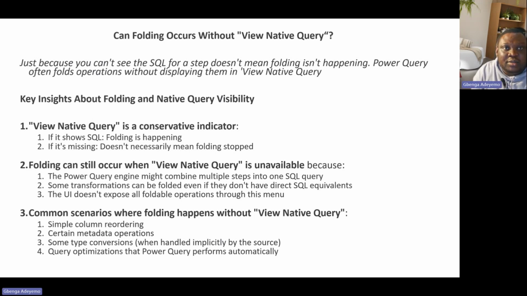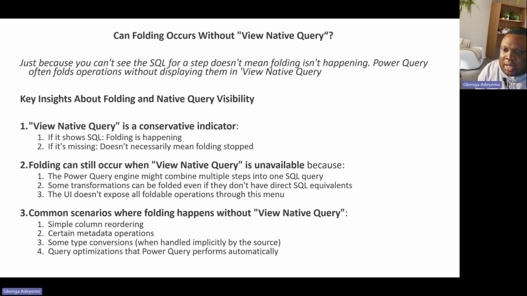The third one is that sometimes when you right click and you don't see view native query active, the user interface does not expose all the foldable operations. It's not everything that is foldable that the user interface will show. So that does not mean that query folding is not happening in the background. So don't get confused when you right click on a particular applied step and you don't see the view native query option active, right?